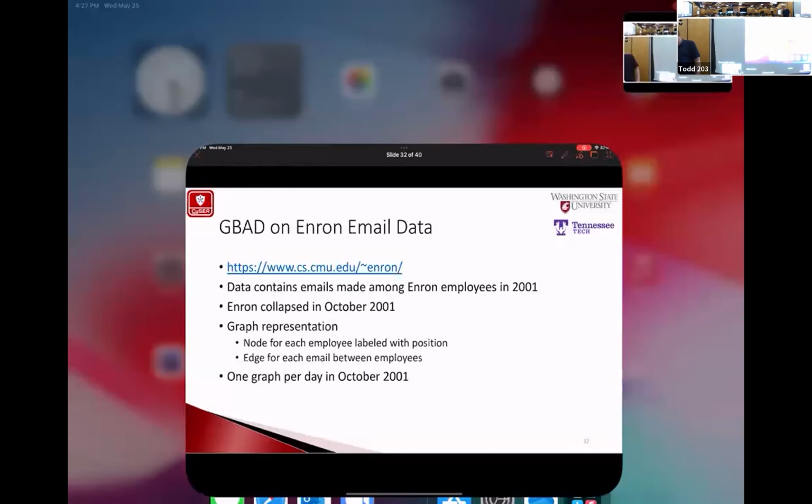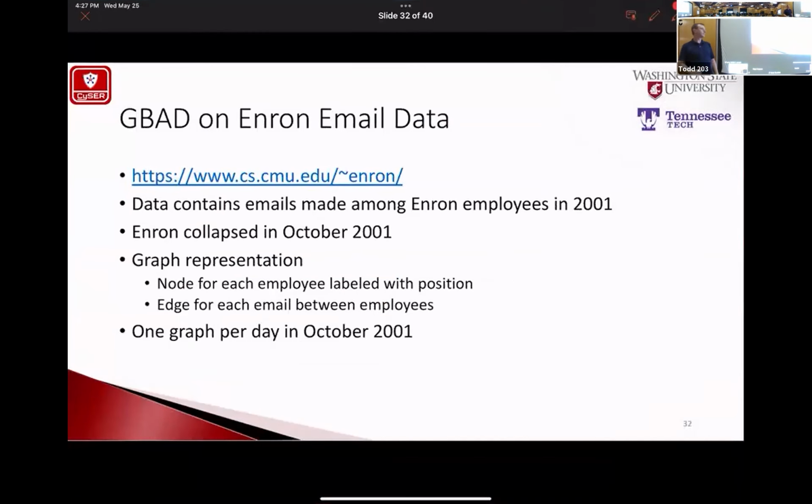So what have we done with GBAD? Just a couple of examples. Maybe you don't remember Enron. Enron was a utility company that was hiding major losses.